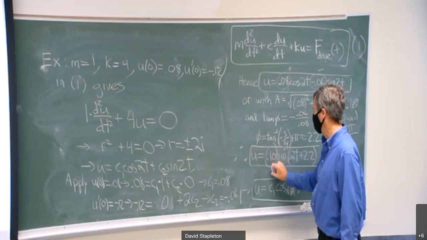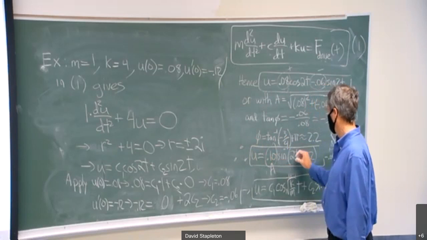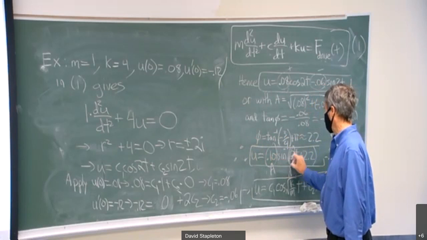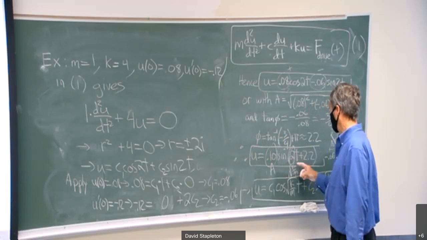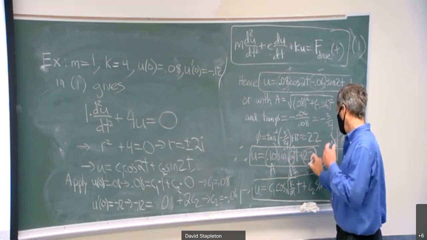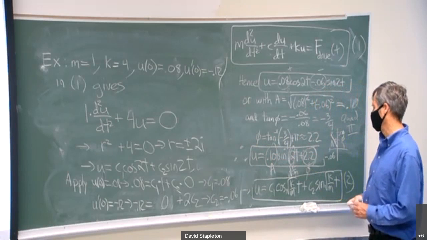It's A sine of square root k over m times t plus phi. That's that later format.